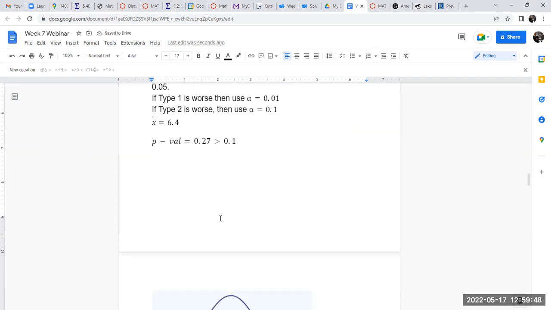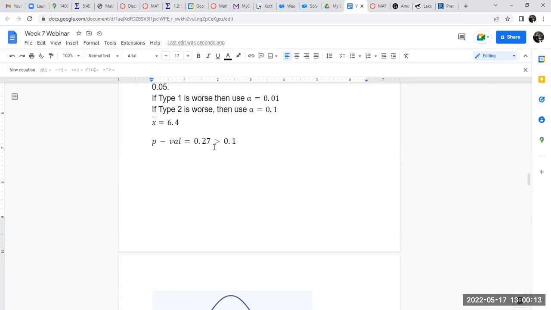Okay, so let's say we did the measurement, and it hasn't happened yet because we're doing it on Saturday. It does happen every year, by the way. We did the measurement, and let's say that the measurement was X bar was 6.4, and let's say the p-value turned out to be 0.27.